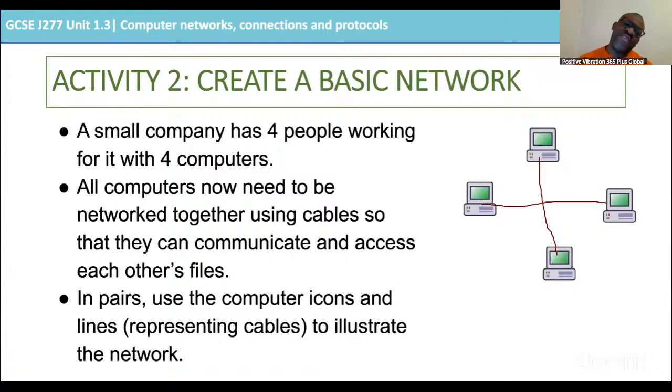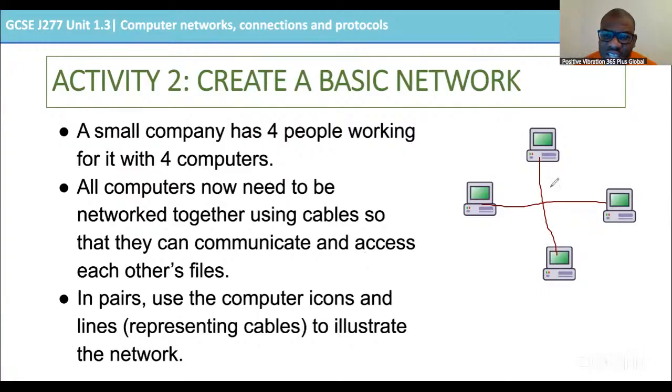What is the problem with this network, Jody? Any observation? It's not efficient. What do you mean? Well, sir, when you look at it, resources are only going to be shared two to two.